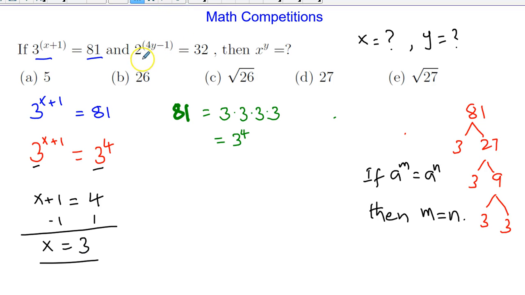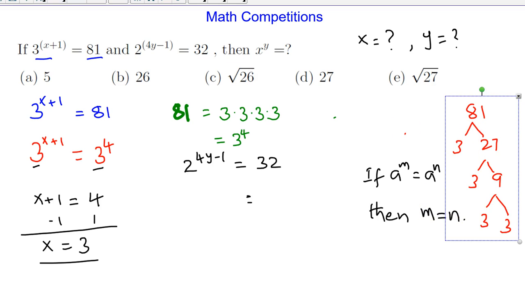Similarly, now 2 to the power of 4y minus 1. The second equation is 2 to the power of 4y minus 1 is equal to 32. And what do you have for 32? It can be written as 2 to the power of how much?